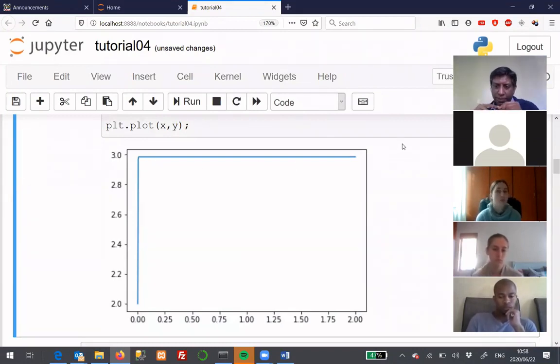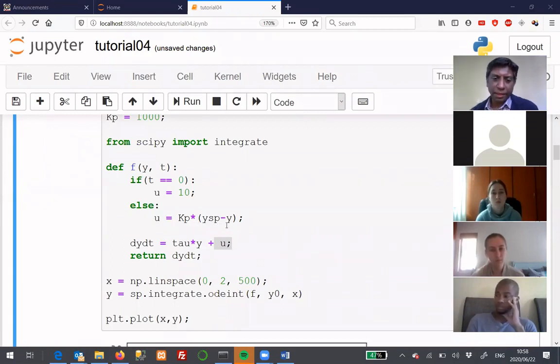So even if the process tends to run over that, so even if we momentarily rise above the 3, right? If we are above 3, let's say y somehow goes to 4, then it becomes 3 minus 4, and that's a negative flow.